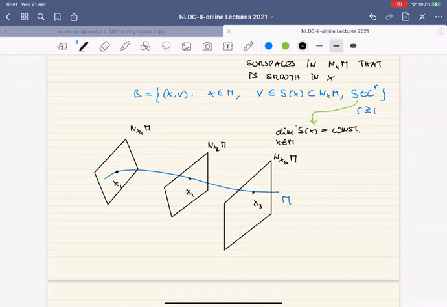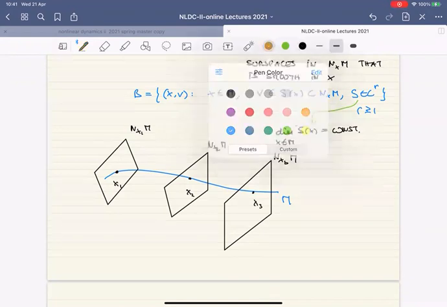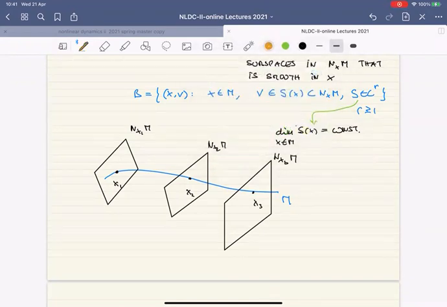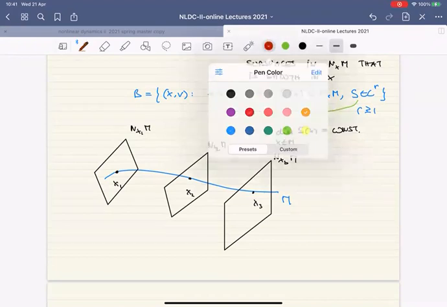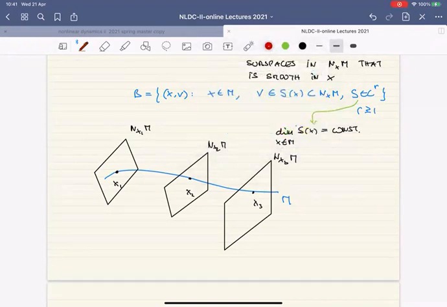And the idea is that I will make local assignments of subspaces within these. So I might start with something like this here. So this will be my S of X1, and then it might be something like that here, S of X2, and something like that here, S of X3.